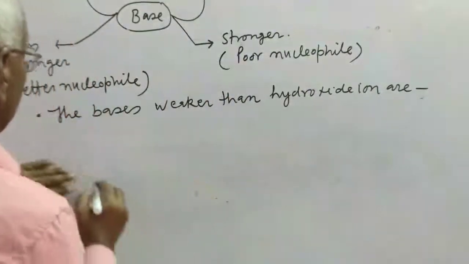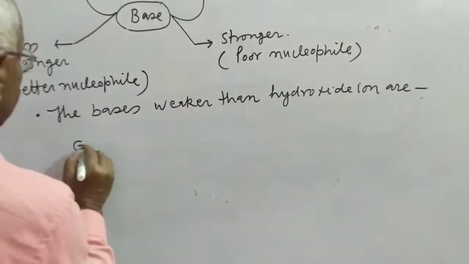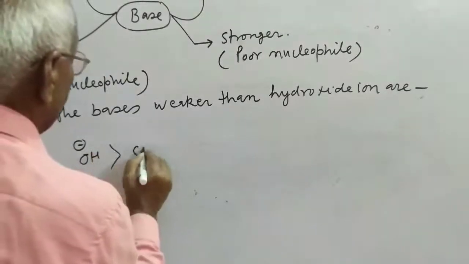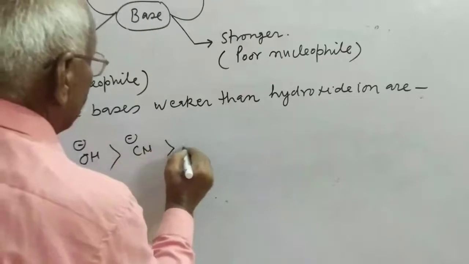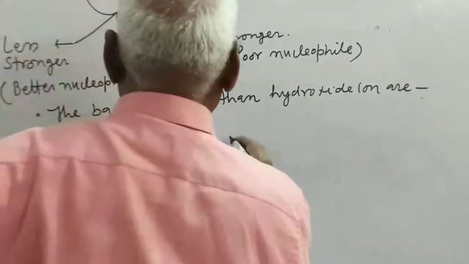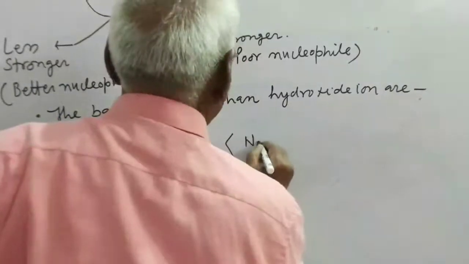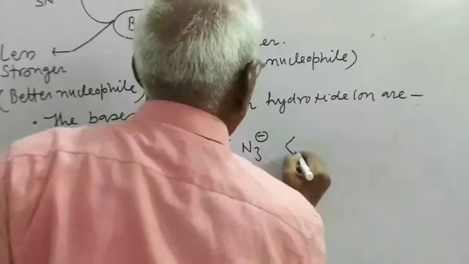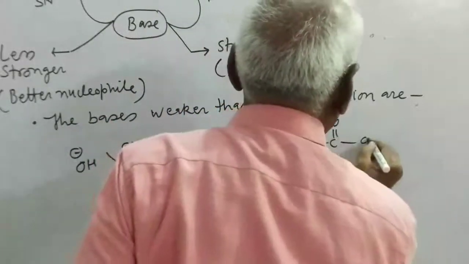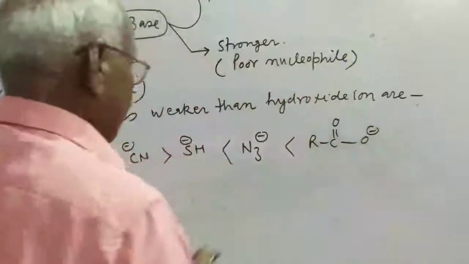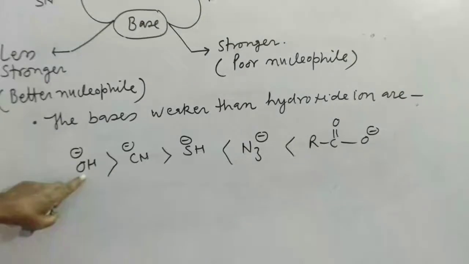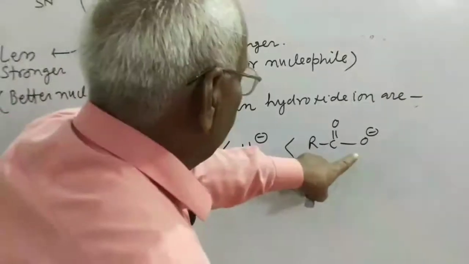Hydroxide ion is a stronger base than cyanide ion, and cyanide ion is stronger than thiohydroxide ion, which is stronger than azide ion, and lastly there is the acetate ion. This is the relative basic strength. Hydroxide ion is stronger and acetate ion is weaker.